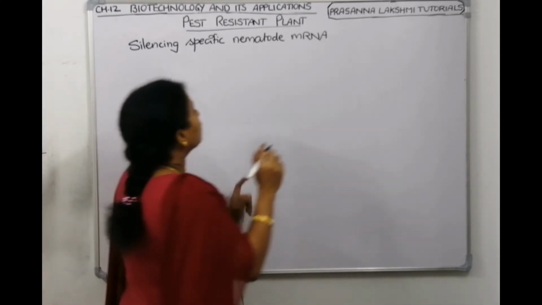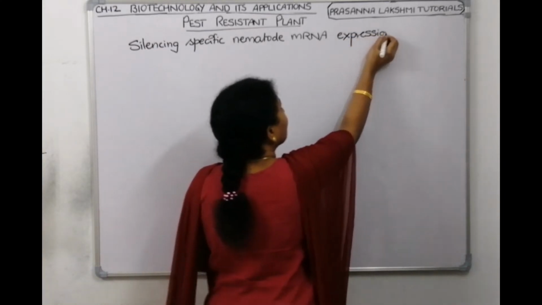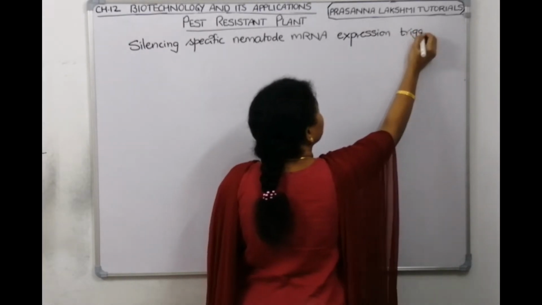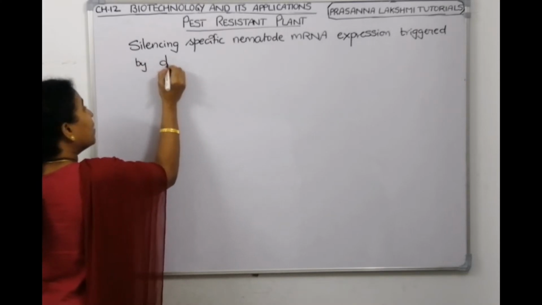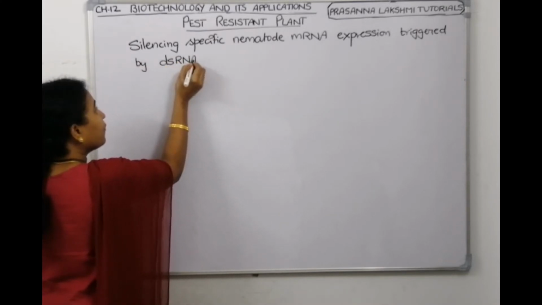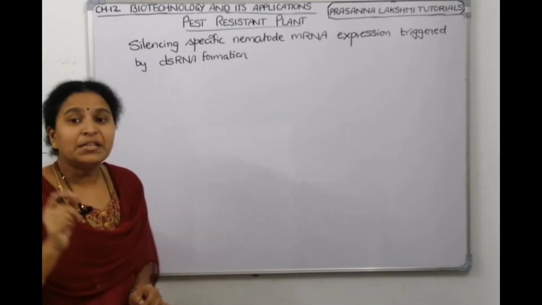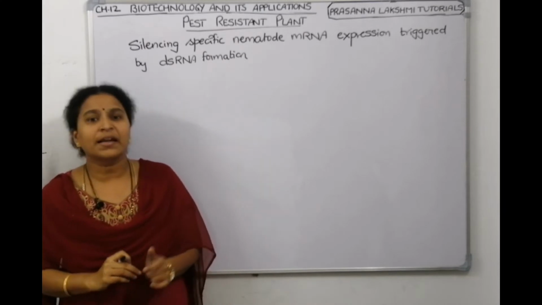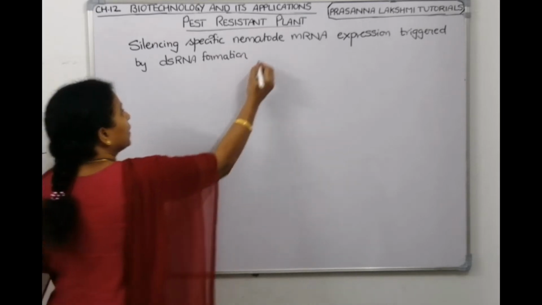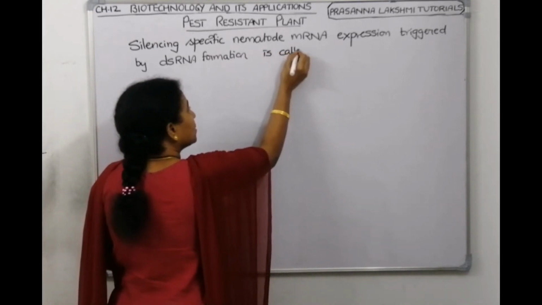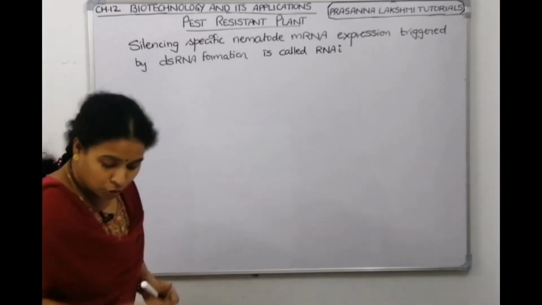Silencing specific nematode mRNA expression. How are you doing that? Triggered by double-stranded RNA formation. Double-stranded RNA formation is called RNA interference, as I told you.